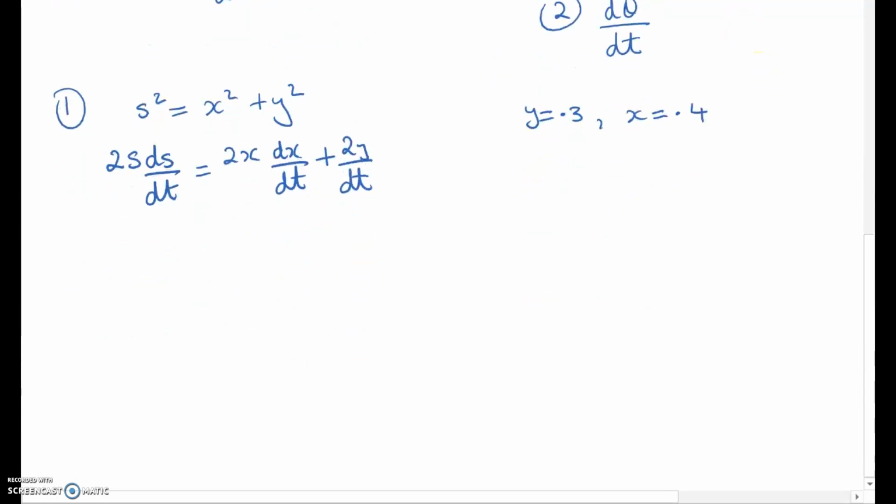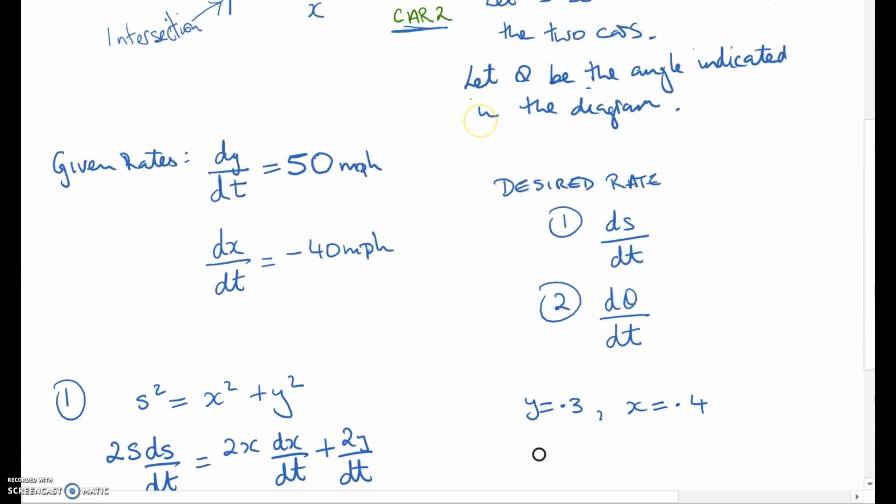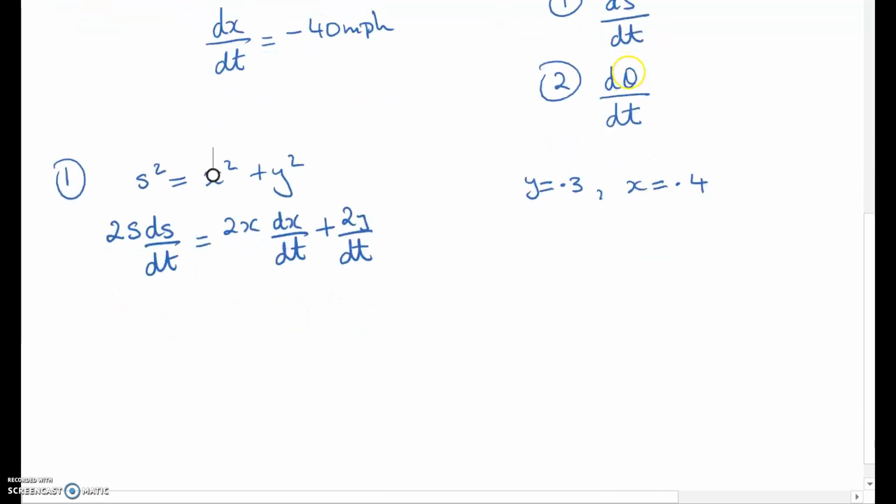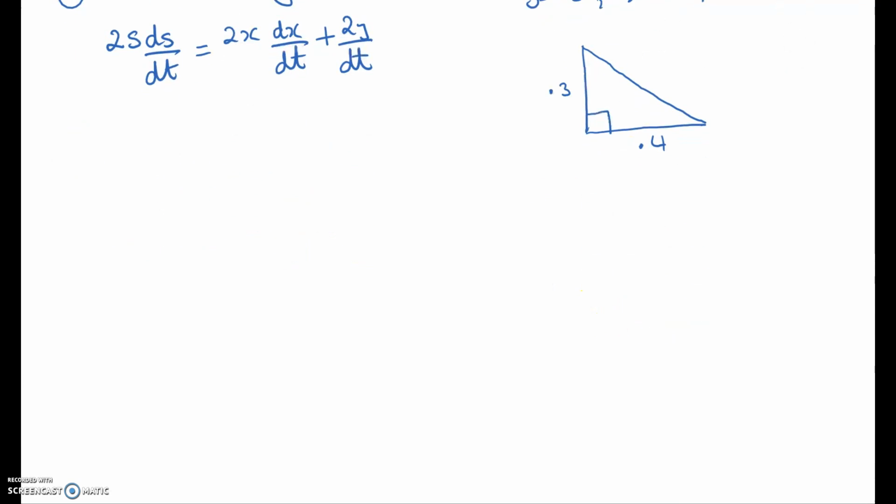Now, in this case, we're looking at a static situation, and so we can draw a static diagram. We've already done our differentiation, so we're allowed to do it like this. x is 0.4, y is 0.3, and at that instant, this is a right angle triangle, so use Pythagoras' theorem.